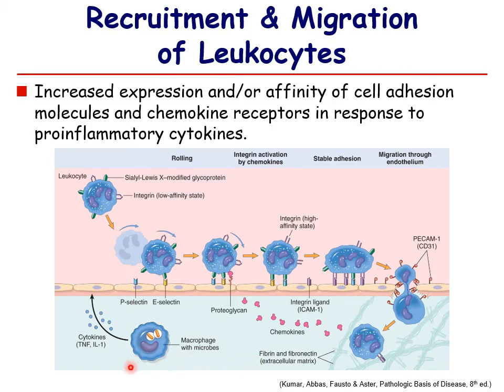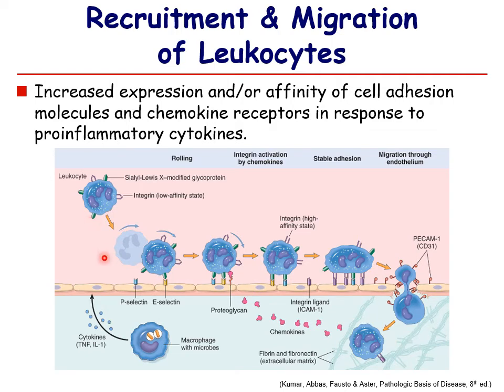Activated macrophages produce pro-inflammatory cytokines such as TNF and IL-1. These cytokines act on vascular endothelial cells to increase the expression of cell adhesion molecules that are selectin molecules. In the blood, flowing leukocytes have their own cell adhesion molecules as well as the ligands for selectin molecules.